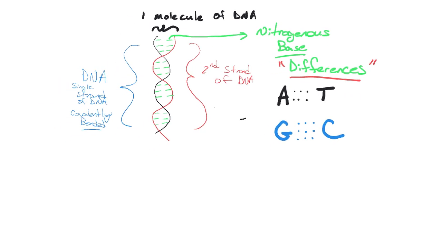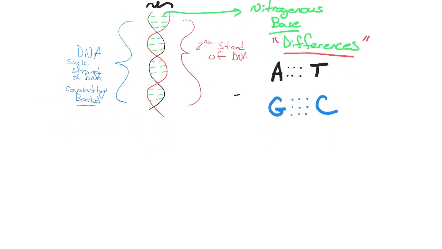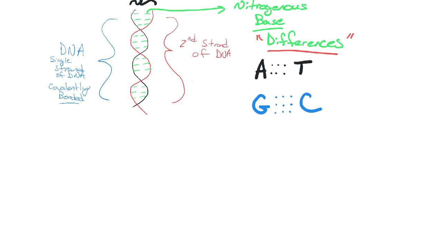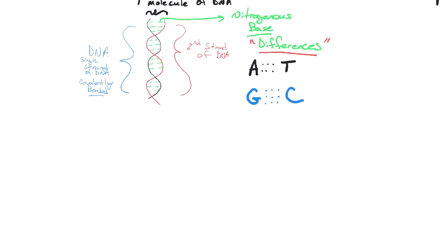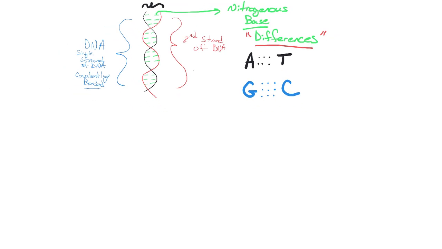So A and T match, G and C match, you're going to have to figure some of that out as you're building your kits. And today you're just supposed to have some fun with it. But here are two tricks that are going to help you figure this out. First of all, G and C are going to have three hydrogen bonds.